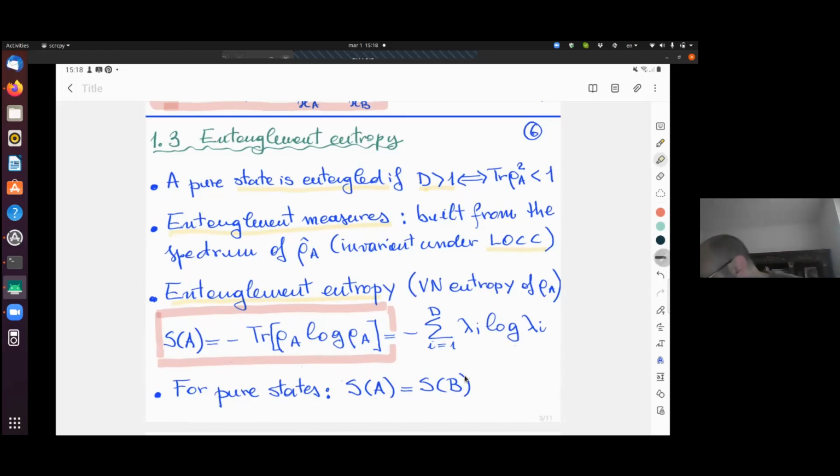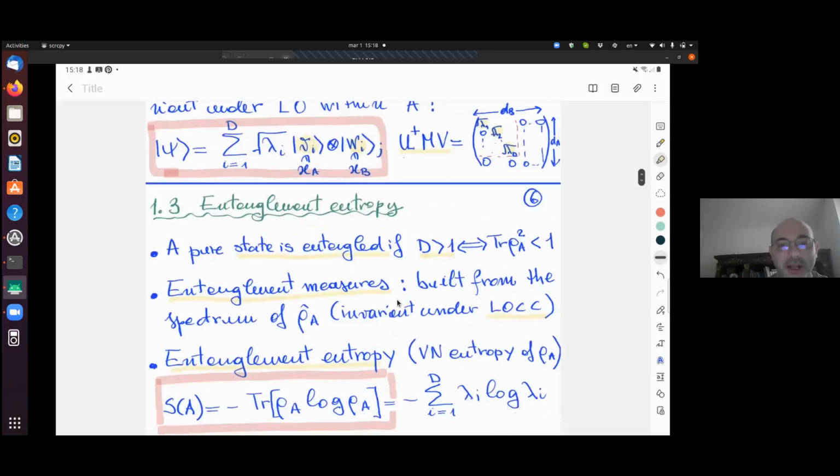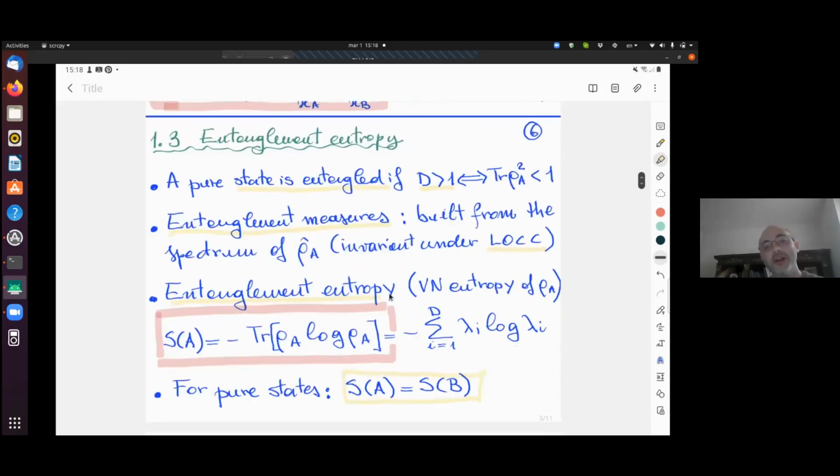Okay, and this holds only for pure states, because clearly if you have, for instance, a thermal state, this can never be true. So all of this, of course, looks extremely quantum, in the sense that we have exploited all the ingredients of quantum mechanics to arrive at these definitions. Okay.